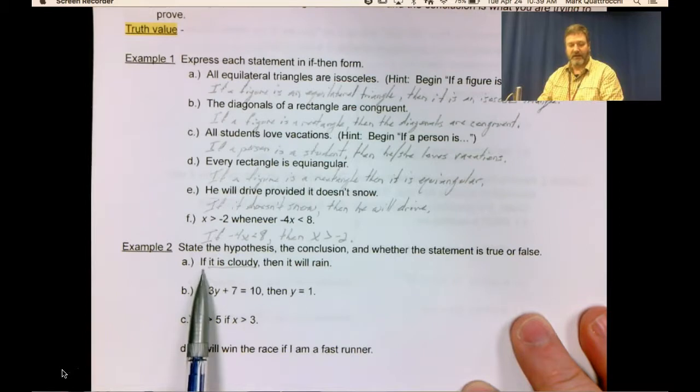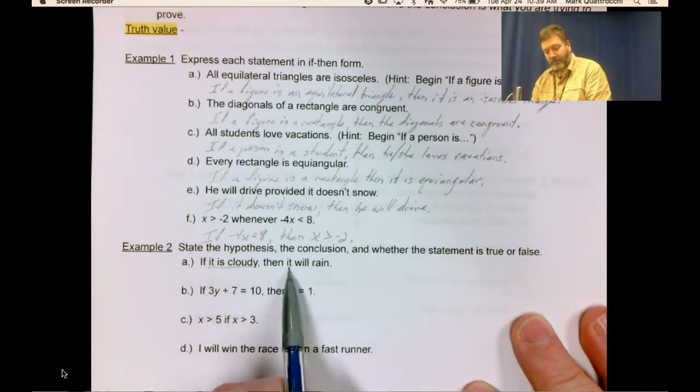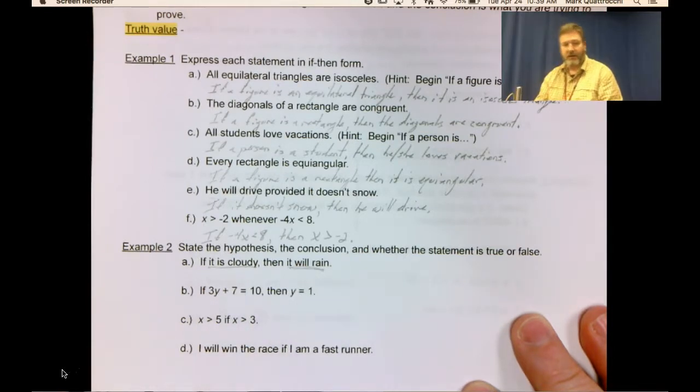Notice I did not underline the word "if," because our definition of hypothesis is the part following the if. It doesn't include the word "if." So, it is cloudy. Conclusion: it will rain. Again, do not include the word "then."